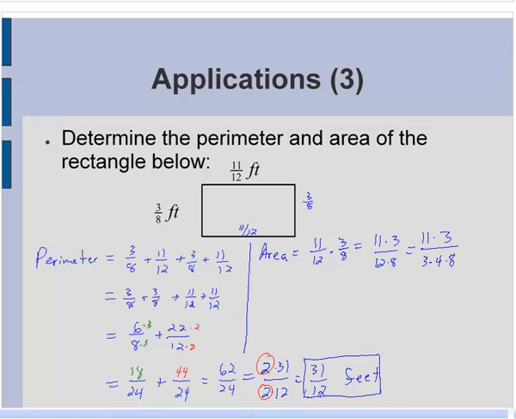And removing the common factor of 3, we can write this as 11/32. And the units on area are always square units. So the area is 11/32, and we would have square feet as the units on that.